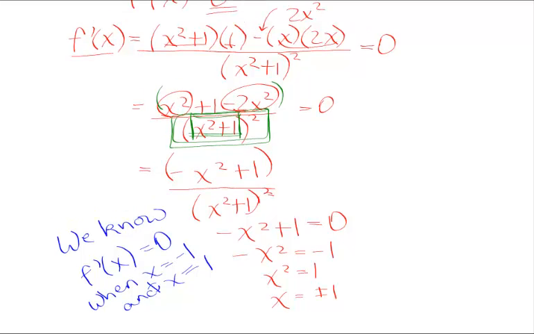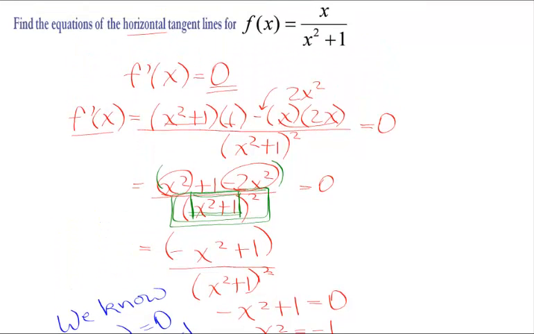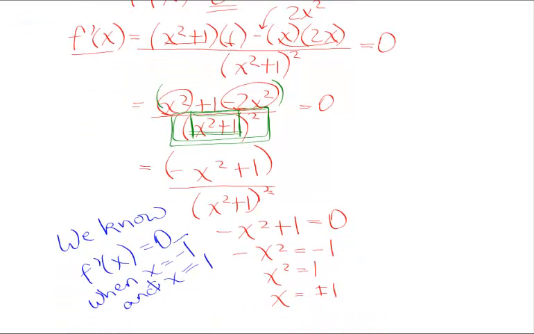So let's go back and read the question and see if that answers the question. Find the equations of the horizontal tangent lines for this function. It didn't say find the x coordinates where the horizontal tangent lines are going to occur on your function. It said to find the equation of the tangent line. So we know that the derivative will equal 0 when x equals -1 and +1.